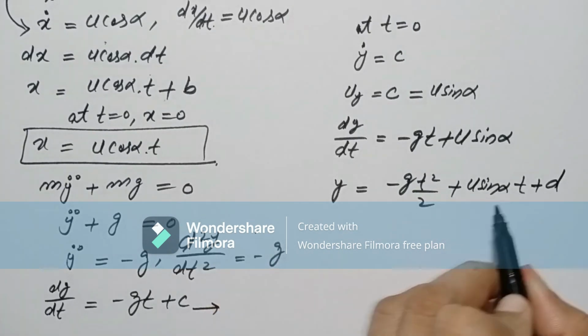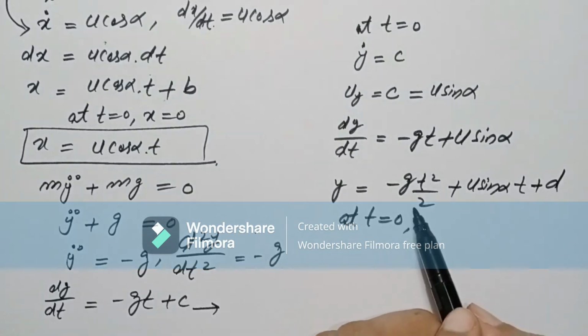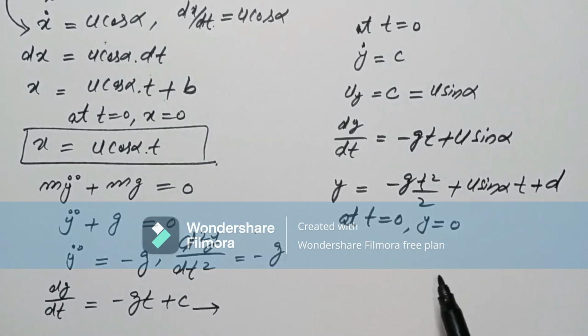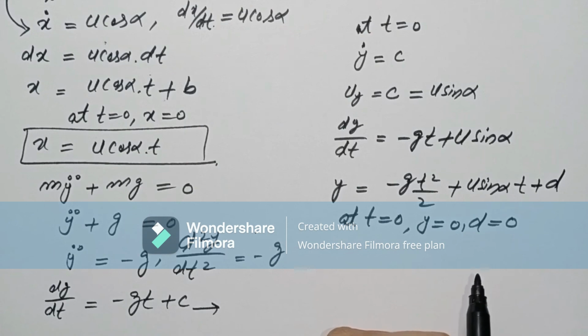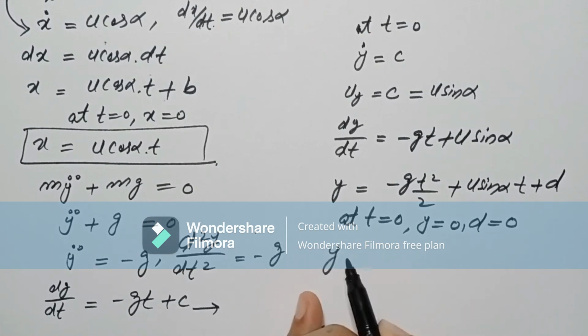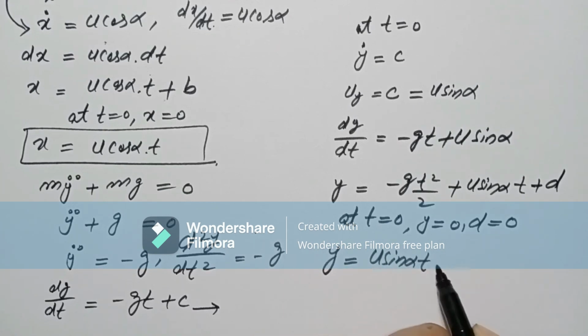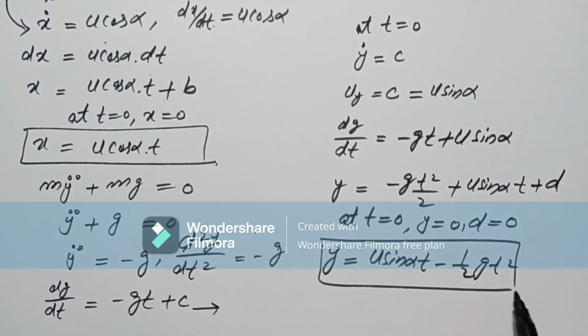The value of d can be calculated at t equals 0. At t equals 0 we have y equals 0, so d will be 0. And y will be u sine alpha t minus half gt square. This will be the vertical displacement.